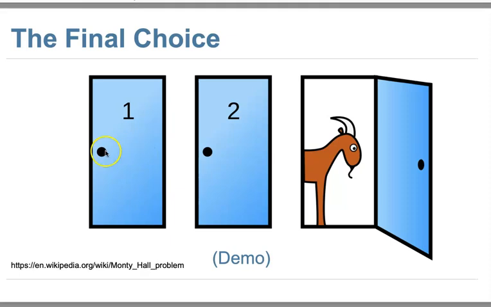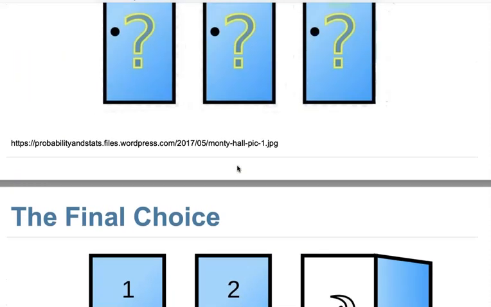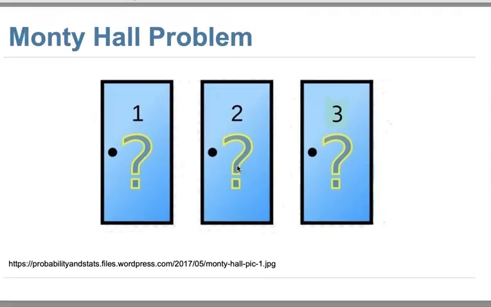No matter what, from the beginning, the car has a 1/3 chance of being behind any door, right? Okay, but they always like to make the show even more attractive. So the game show host will give you a chance. So after you pick one door, remember 1/3 is car, so 2/3 will be the goat.